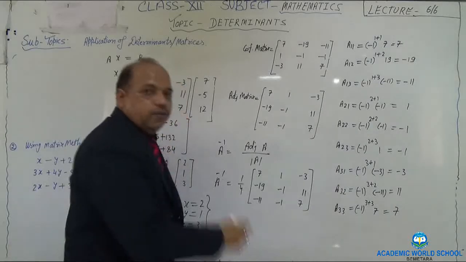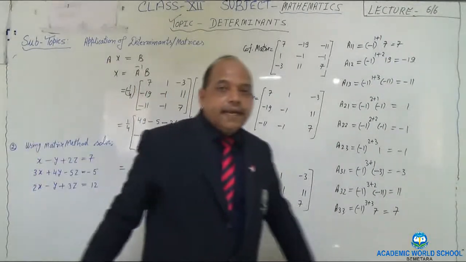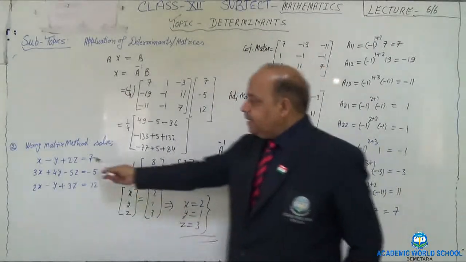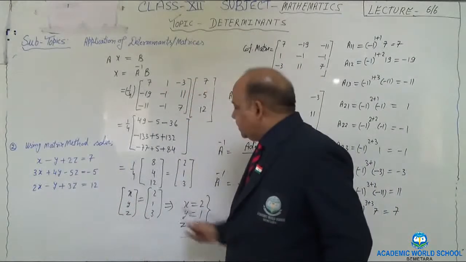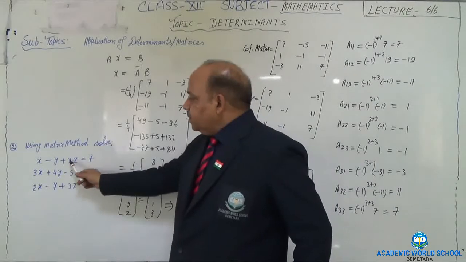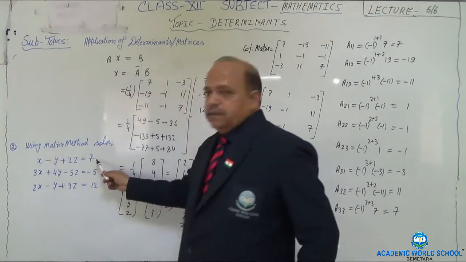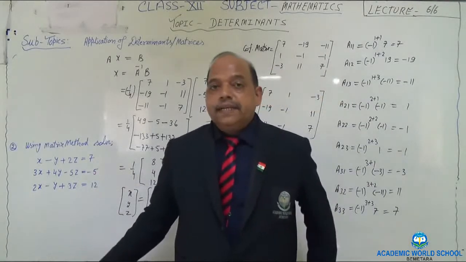This is the way you can see, and now you can check whether this solution is correct or not. Simply replace these values in this equation. Just for one example, x equal to 2, y equal to 1, and z equal to 3. 3 twos are 6, 6 plus 2 is 8, minus 1. That is satisfying. Similarly, you can verify the other equations.